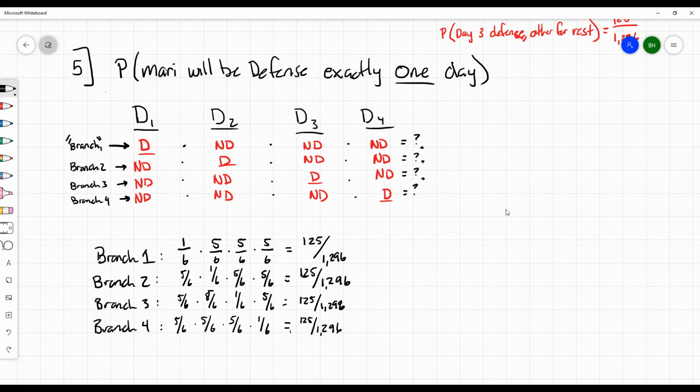Right? So we have all of these different things, and then we need to go ahead and start adding these things together. We need to add together all the branches. So we're going to take branch 1 plus branch 2 plus branch 3 plus branch 4. Okay. So in this case, we're going to take the 125 out of 1,296, and we're going to add that together every single time.